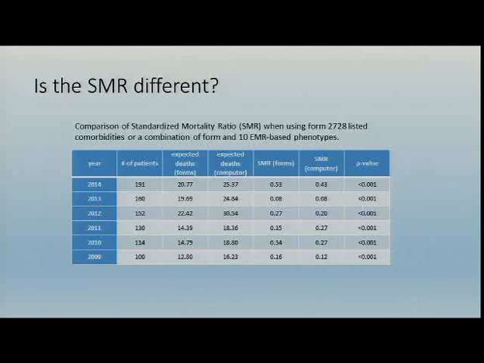We started from 2009 because the Kidney Epidemiology and Cost Center did not have interactive models that we could use right away. It was just built in for their own internal use prior to 2009. I wasn't able to get a hold of anything that I could use with my research team. So we started from 2009, but what you can see is that for all these years, there was a statistically significant difference between the standardized mortality ratio calculated differently by the two methods.